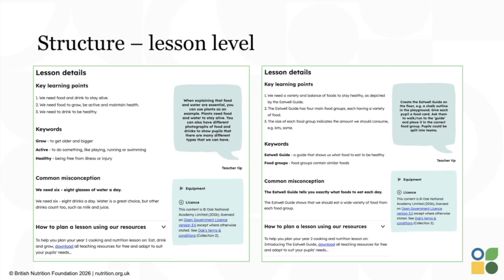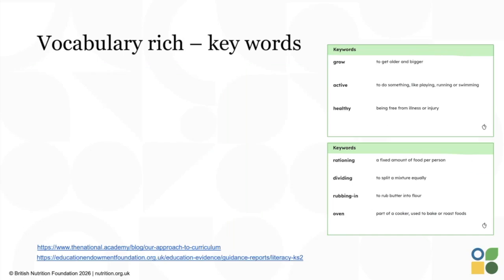I also like the misconception that's there, and it might be a great way to start a lesson, just to get people interested, just to talk about food as we go through. There's also a really nice teacher tip that you can use and think about, and how you might act upon this in your own lesson too. And obviously there's a little bit about equipment if you need that too. So you've got curriculum level structure and then a lesson level structure, all to help your teaching and learning.